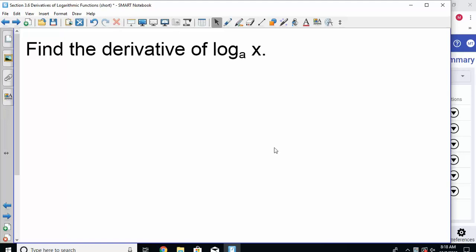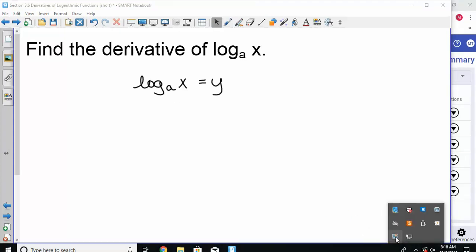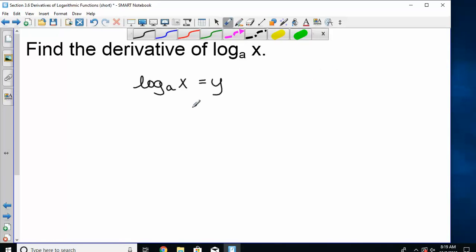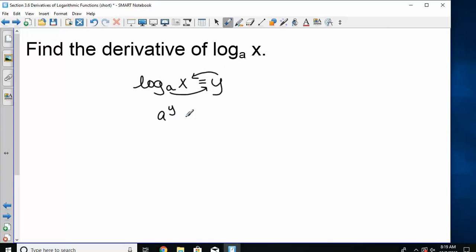So, if I rewrote this and said log base a of x equals, let's say, y, some number y, we could rewrite this as a to the y power equals x.